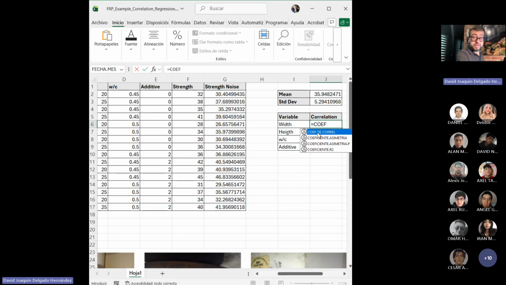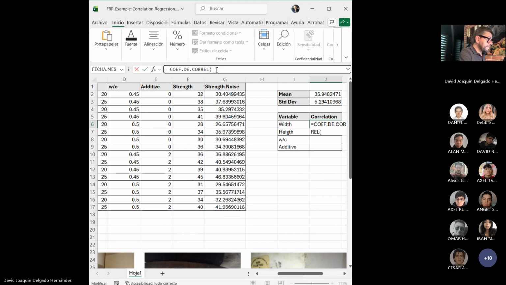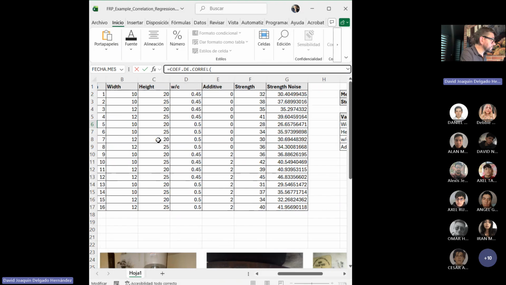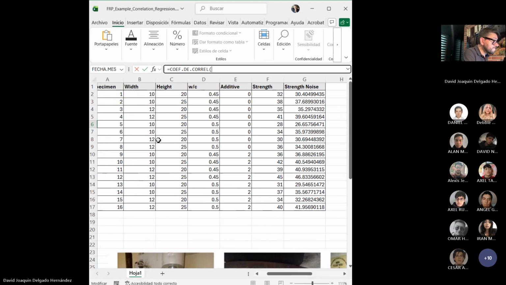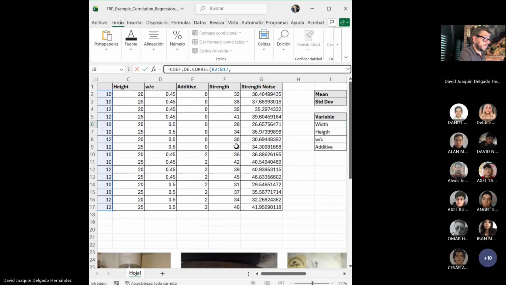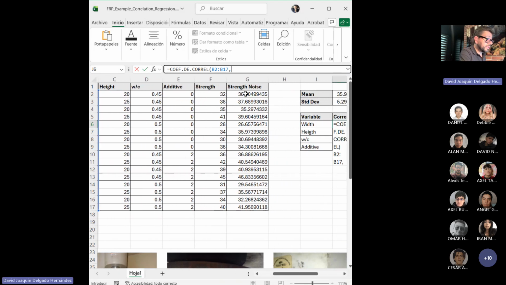Coef de correl, you choose this formula, and then you have to put first this range from B2 until B17, and then comma, and you choose the G2 from G17.